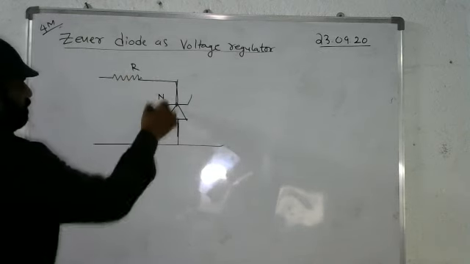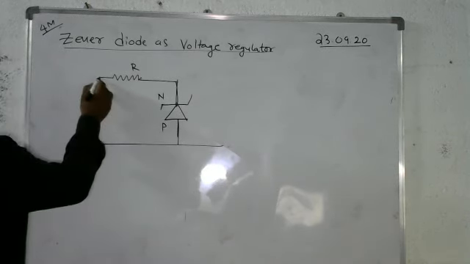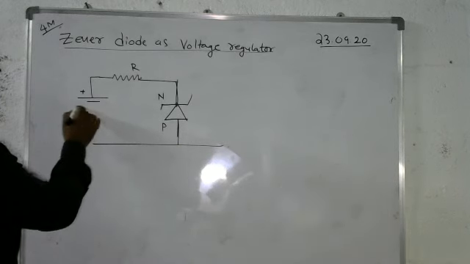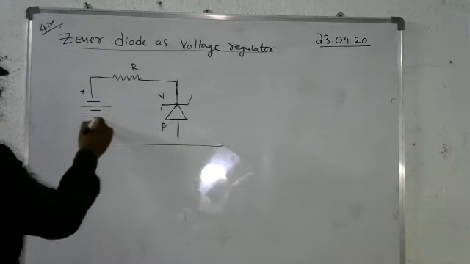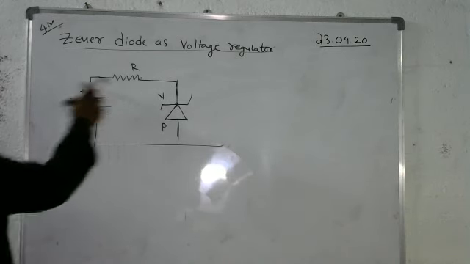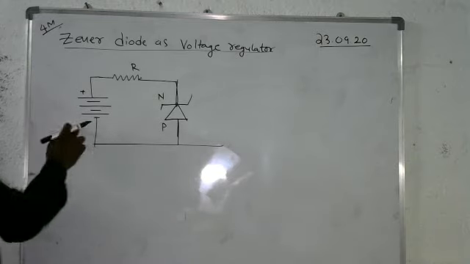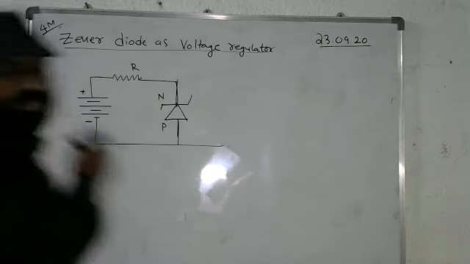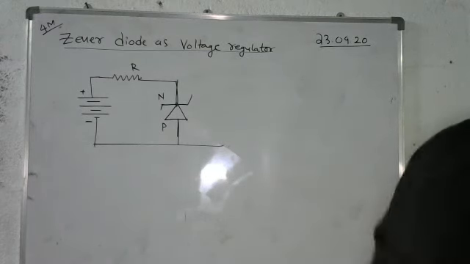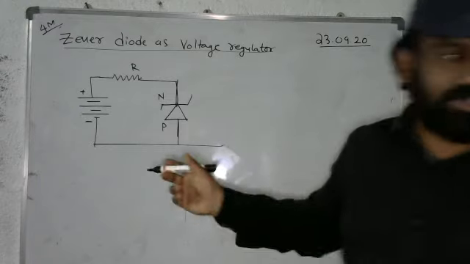So this is N type and this is P type. The N type is connected to the positive terminal of a battery and the P type is connected to the negative terminal of a battery. Then the diode is said to be in reverse bias condition.